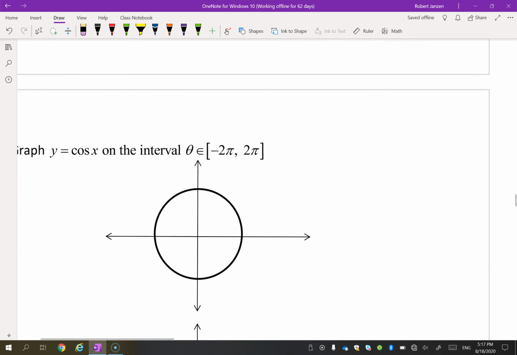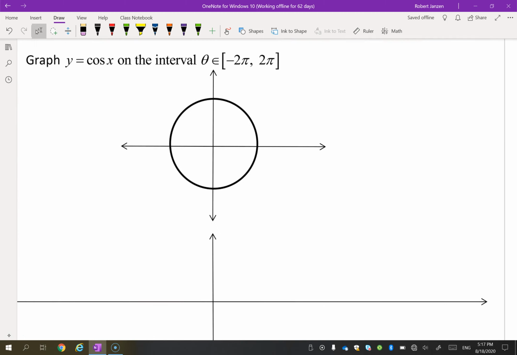Let's go to the next graph, the cos graph. We're going to do the same thing. We have 0, pi by 2, pi, 3 pi by 2, and then 2 pi.